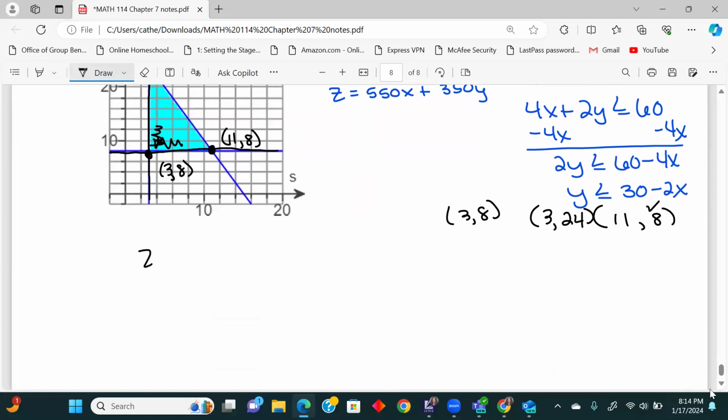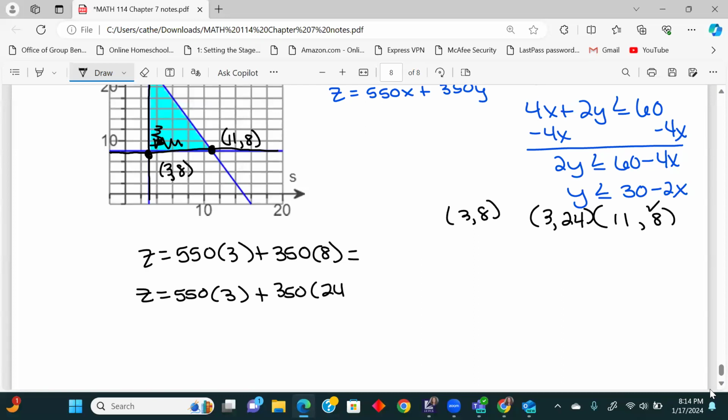Now we're going to maximize z. So we're going to plug each one of these points in. Maximize our profit. And I've already pre-worked these.